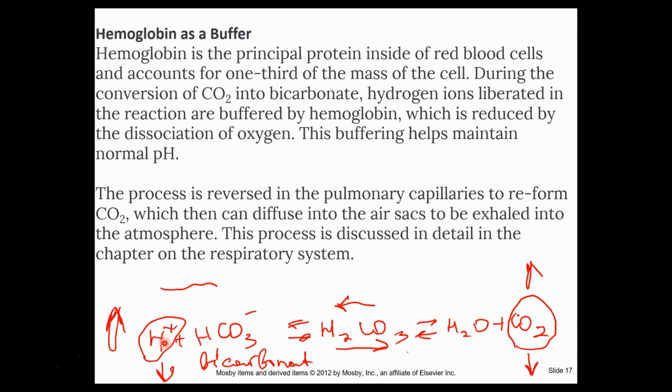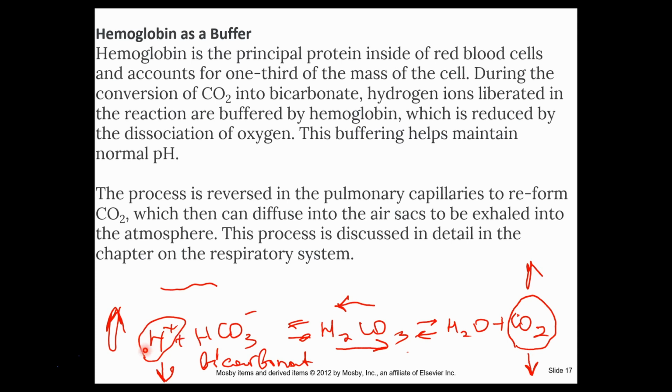As you can see, our blood will right away become more acidic if the carbon dioxide begins to build up, because then this whole equation will shift to the left, and it will begin to bind the carbon dioxide into the bicarbonate ions, and with it you will be getting hydrogen ions.